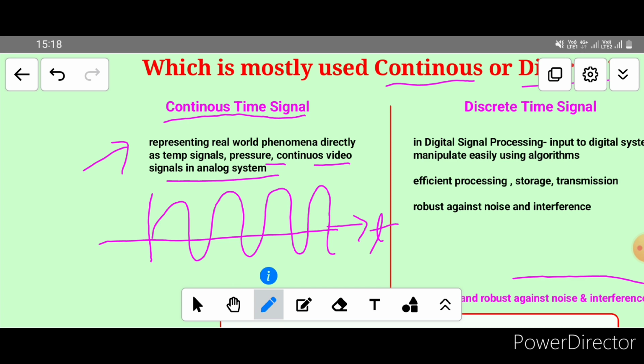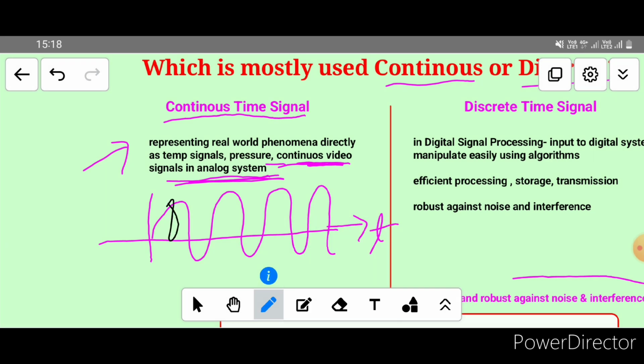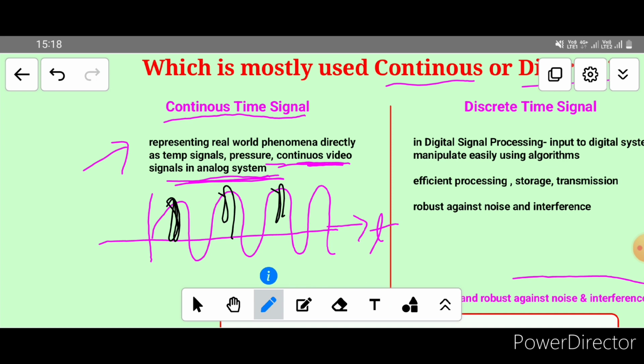And if we convert this type of signals to discrete time, then the valuable information needed in the processing will be lost if we convert this real world signal for some analog system to the discrete time signal.